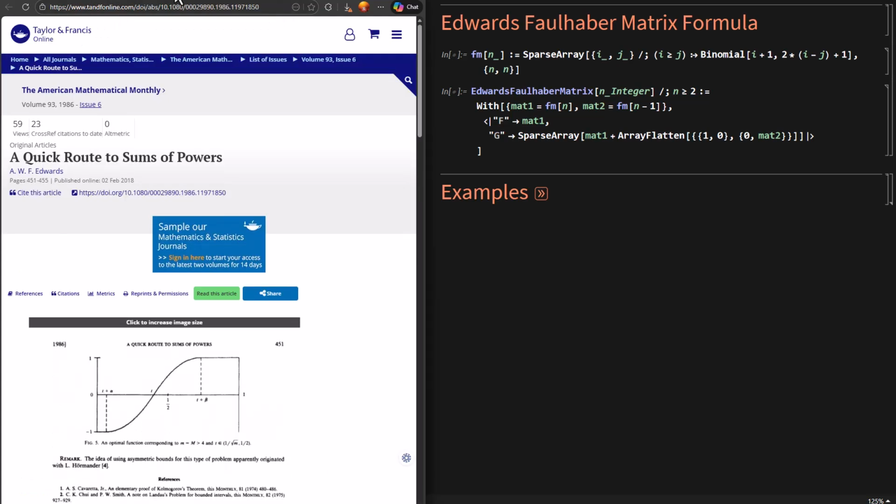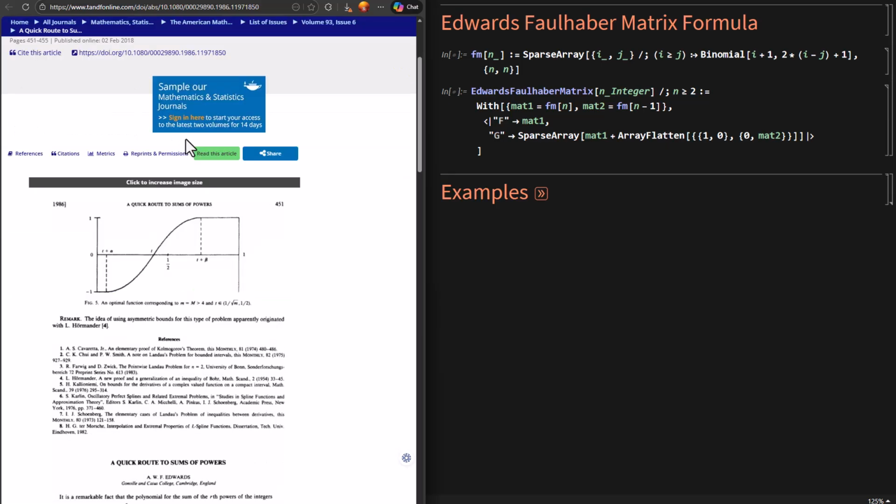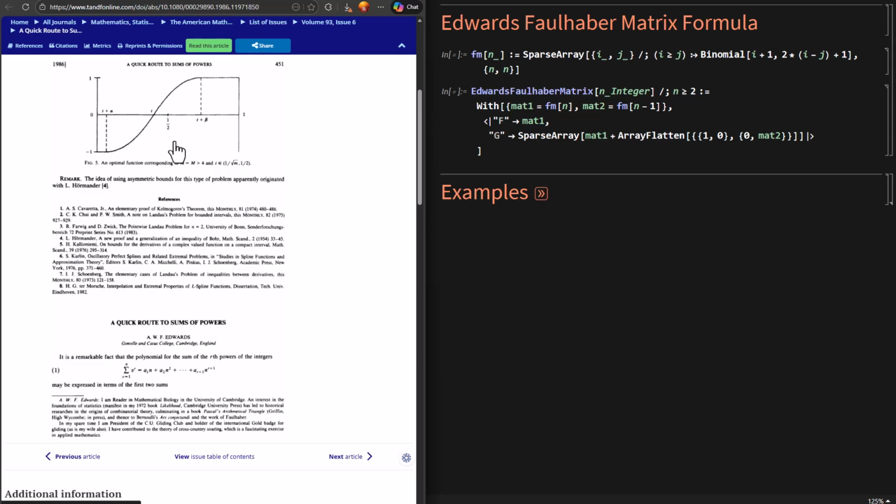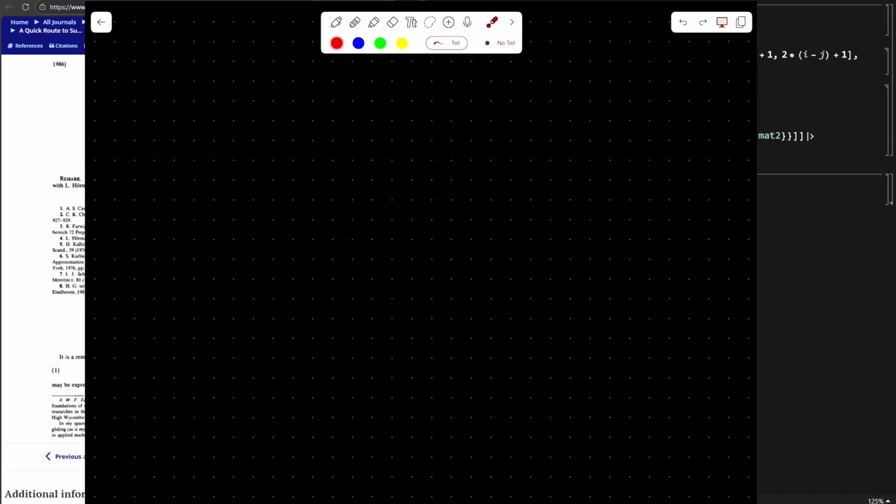You can find the derivation of exactly how the formula was given in the paper A Quick Route to Sums of Powers by A.W.F. Edwards. So I'm just going to illustrate the result and how it's linked to the code here. The key component for this result is the following matrix pair.